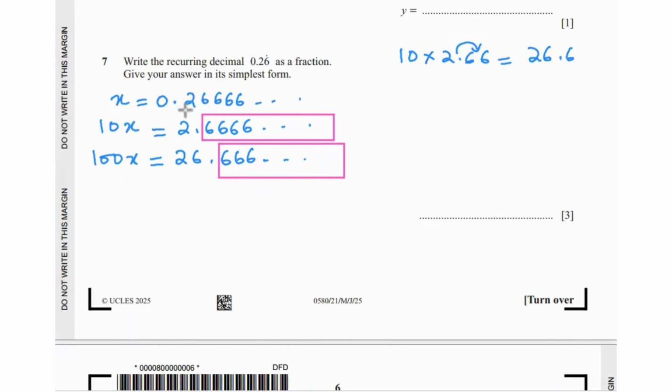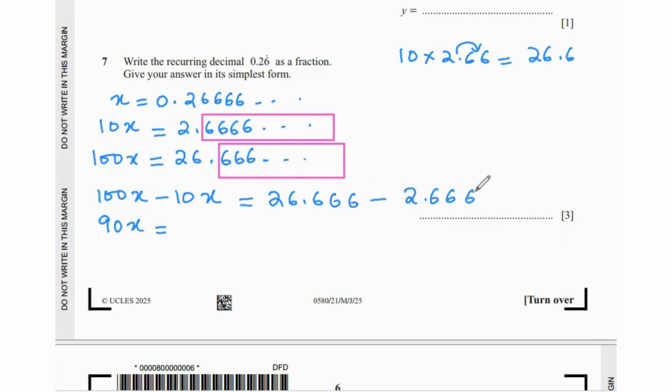For just x, it was 0.26 recurring. The 2 was odd over there. So by multiplying by 10 and 100, we got rid of the 2, and now it's just 6 after the decimal. So we can simply subtract 100x and 10x. So that leaves 26.6 recurring minus 2.6 recurring. So 100x minus 10x is 90x.